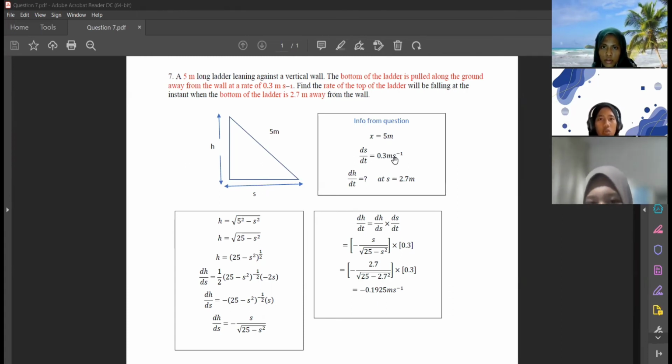They ask us to find the rate at which the top of the ladder is falling, which means dh over dt at s equal to 2.7 meters. So I will pass to Atira to explain more about this question.